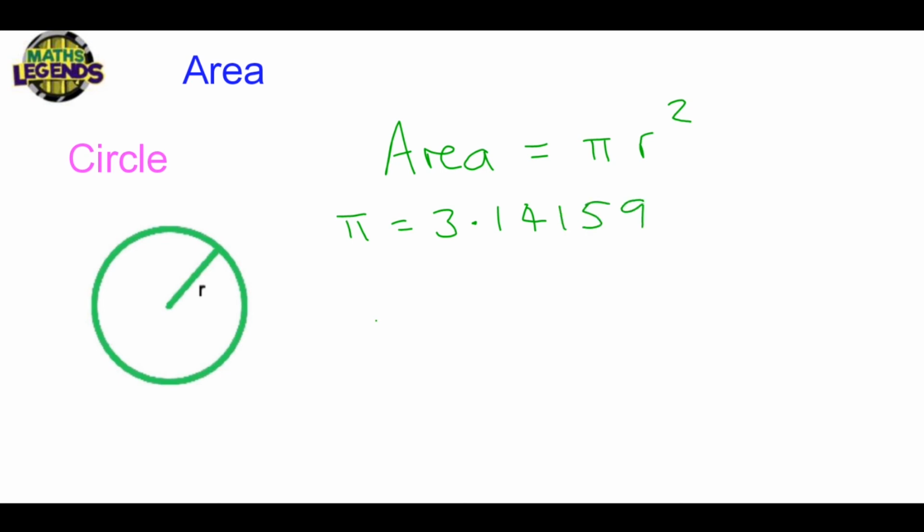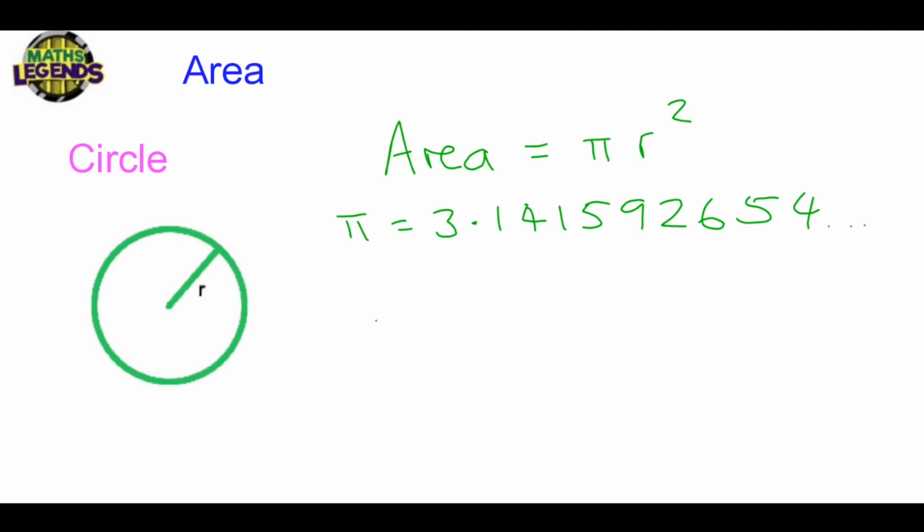Area of a circle. Here, the formula for the area of a circle is given by area equals pi r squared. Now pi is a number 3.14159264, and it carries on further. For the purposes of the calculation, we always recommend using the pi from your calculator. There should be a pi button on your scientific calculator.